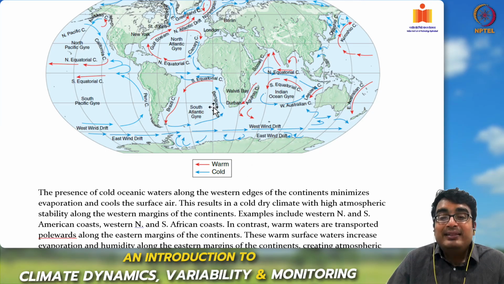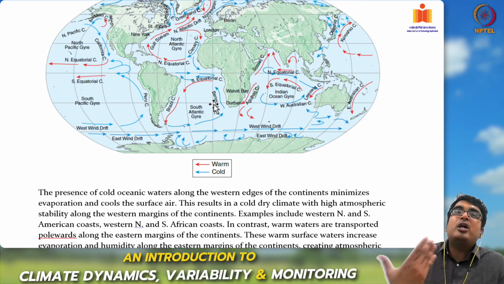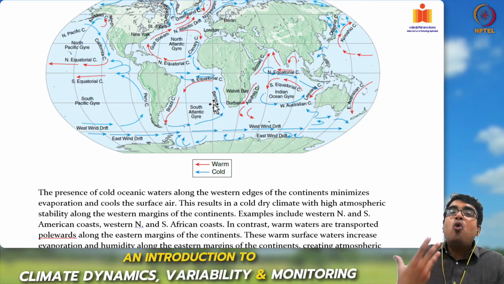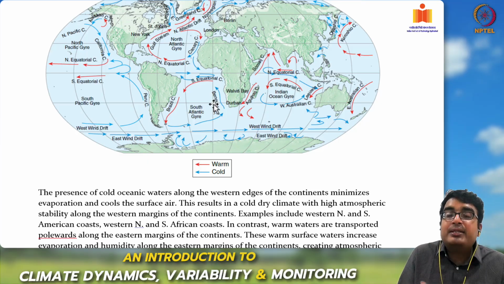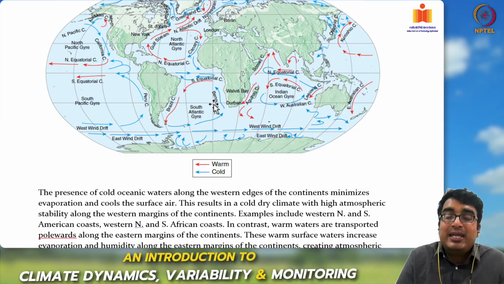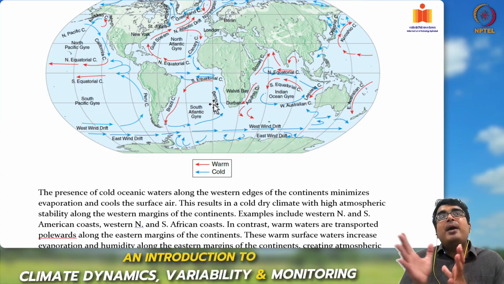Okay. Because the oceans along these coasts are very cold, the amount of evaporation is also very low, and you will get cold, dry climates along the western coast of the continents. So in general, the eastern coasts are warm and humid with a lot of rainfall.